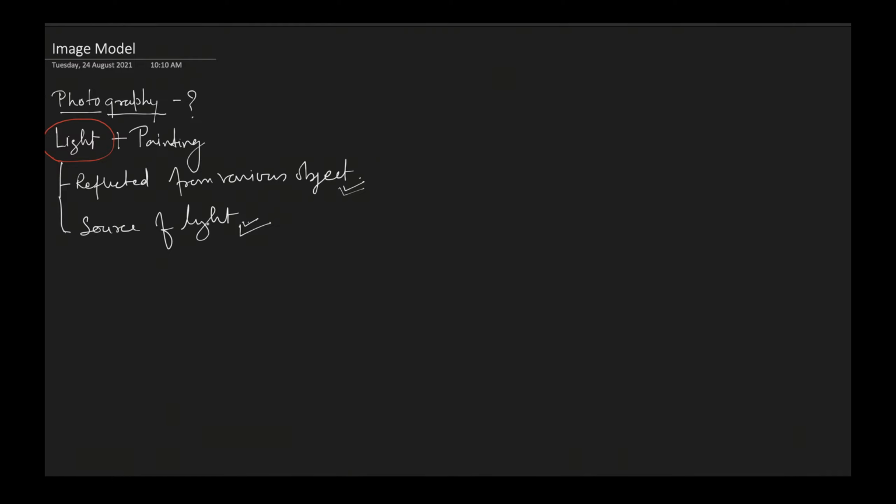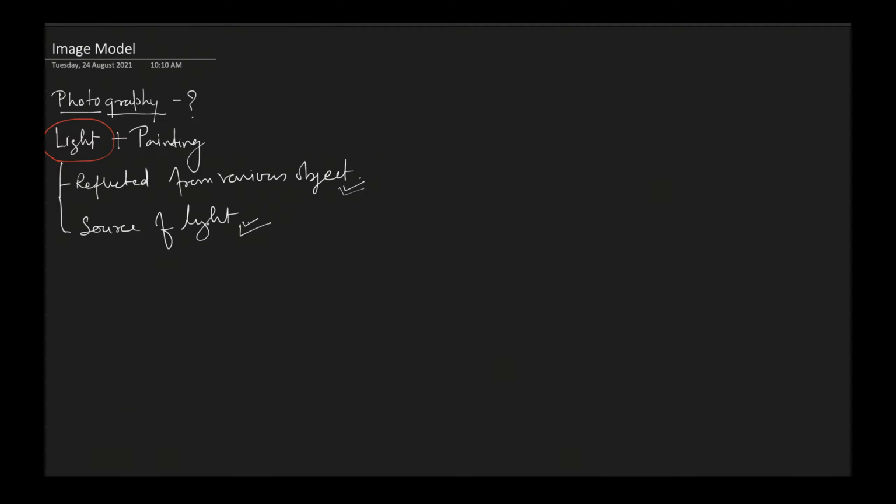If an object looks red, which wavelength of the light does it reflect? Does it reflect red or absorb red? It reflects red and absorbs everything else other than red. Remember that.